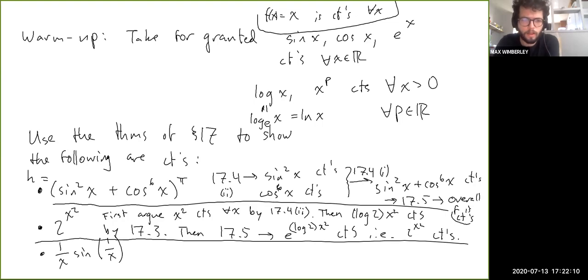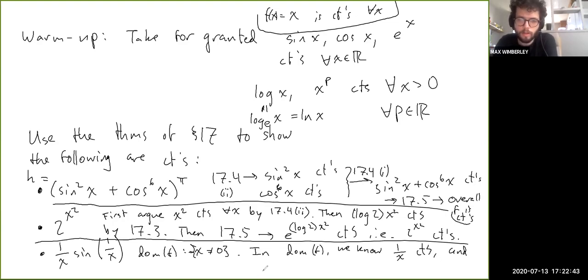Okay. And then this one, obviously the domain of f is just the set of x not equal to 0. So in the domain of f, we know 1 over x is continuous.